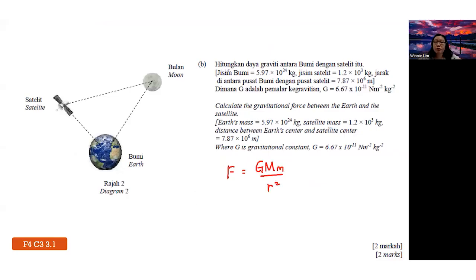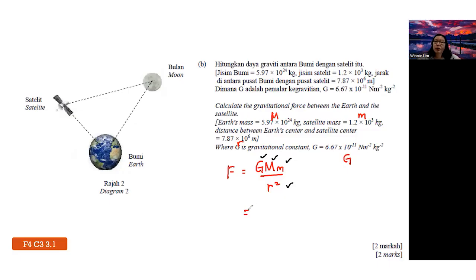Every time you read through calculation questions, make it a habit to write the information on top, especially the symbol and the given value for all the quantities. So Earth mass is capital M, satellite mass is small m, and the distance between them is r, and this constant is the gravitational constant G. Once you have G, M, m and r squared, you can straight away substitute the values and get the final answer.